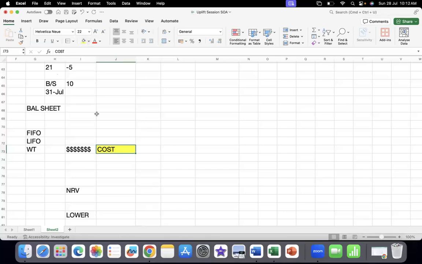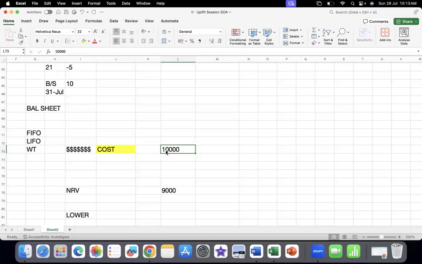And what entry do you pass for this? For example, your cost is 10,000 and your net realizable value is coming to be 9,000. That means, although as per your methods the value of the inventory should be 10,000, if you go into the market as of today, you'll only get 9,000.